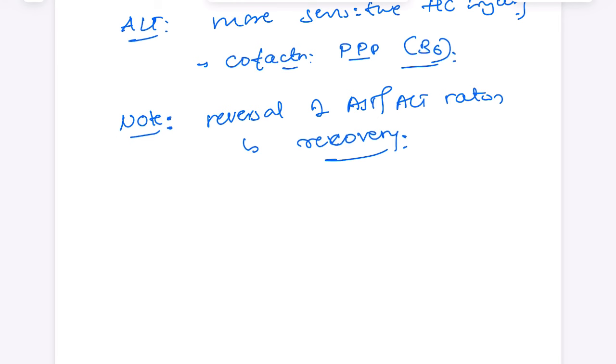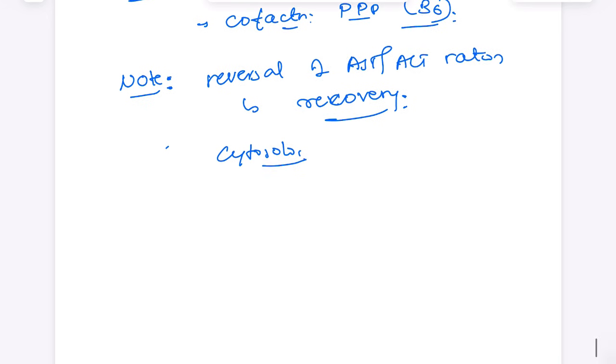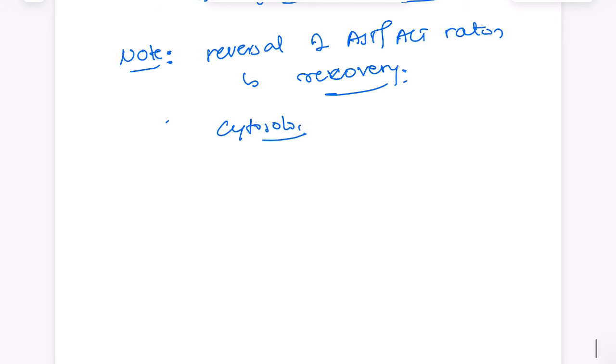To be more specific, the half-life of ALT is nearly 3 times that of AST, so AST is cleared more rapidly than ALT. ALT is only cytosolic, present only in the cytosol of the cells, not in mitochondria. So this is about ALT and AST.